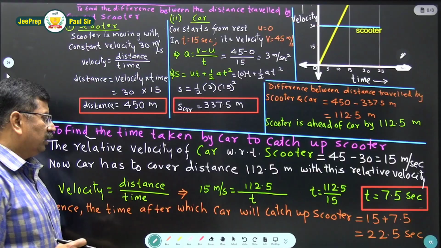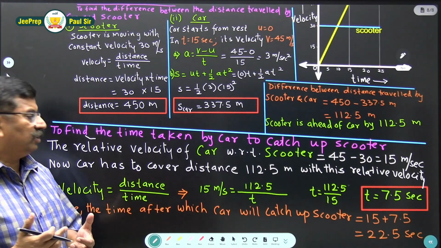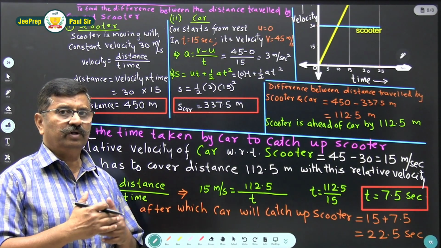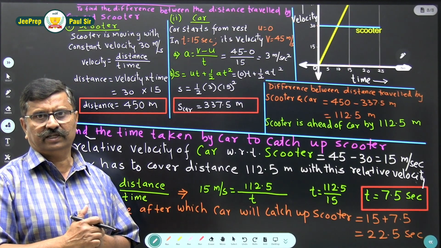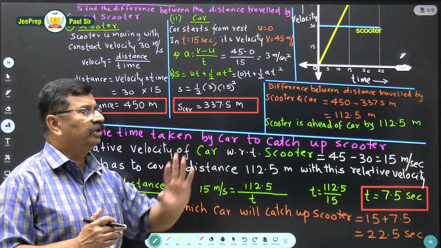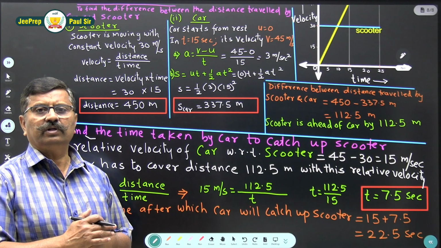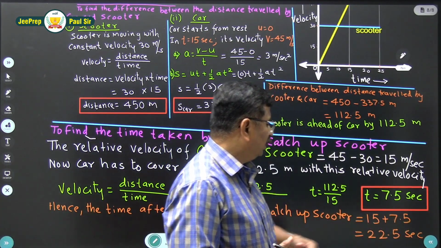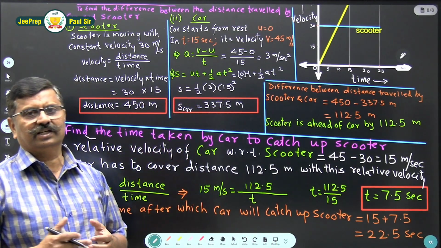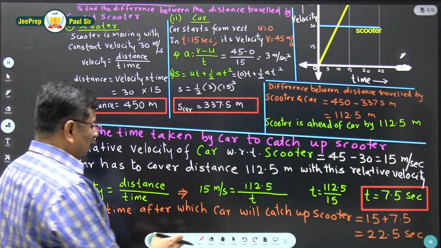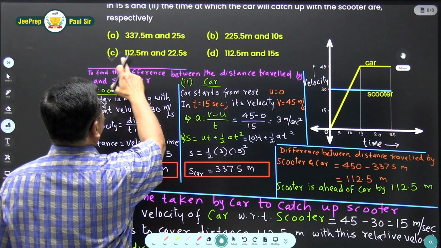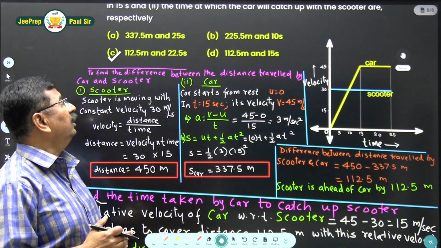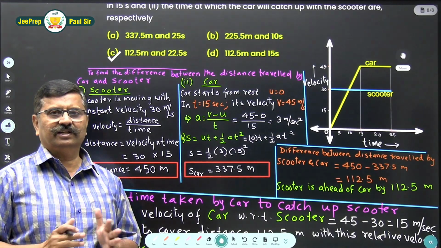So hence, time after which the car will catch up the scooter is 15 seconds, which they both have already covered, plus 7.5 additional seconds, which it has to cover the 112.5 meter distance. Therefore, 15 plus 7.5 will give you 22.5 seconds. So therefore, the correct option is C. That is the 112.5 meter and 22.5 seconds.